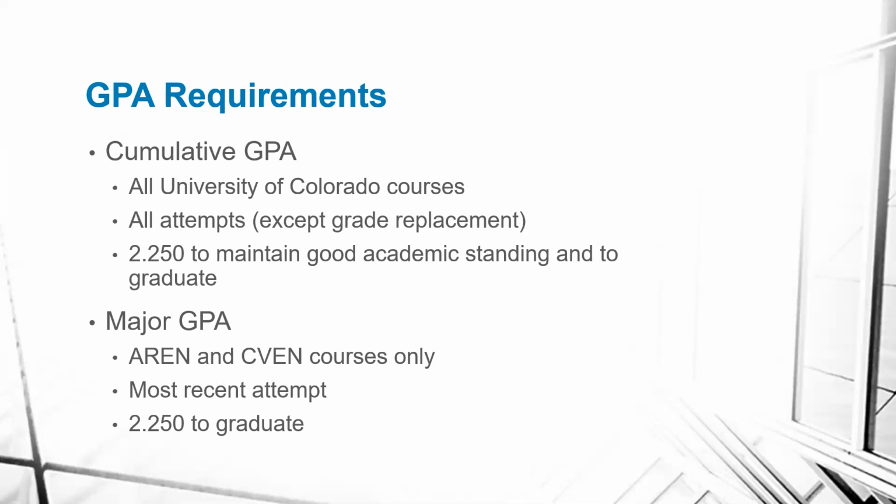In addition, your major GPA only includes the most recent grade that you received for a course. Your major GPA also needs to be a 2.250 or higher to graduate, but your major GPA will not affect your academic standing throughout your career at CU Boulder.